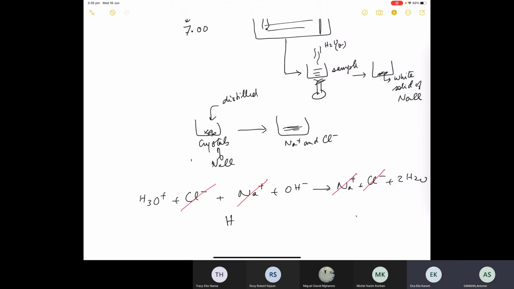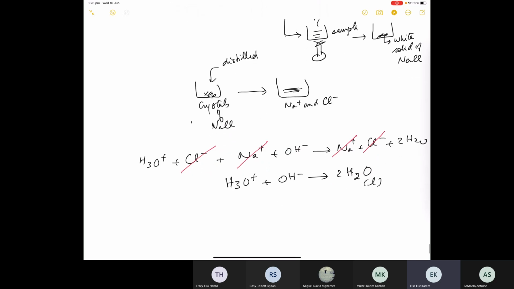What remains? H3O plus and OH minus give 2H2O. Here we have an acid and here a base, and here neutral, so we call it neutralization. So the reaction between a strong acid and a strong base is reduced to a neutralization reaction between H3O plus released by the acid and OH minus released by the base.